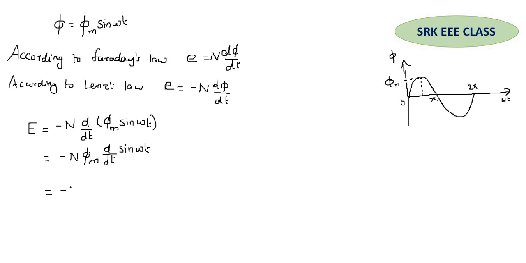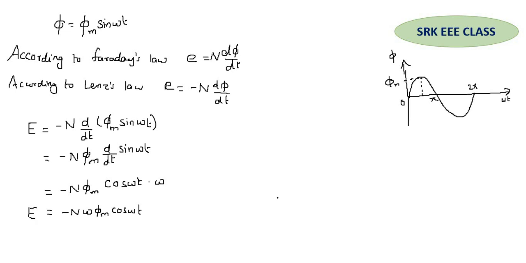The differential of sin omega t is cos omega t into omega. So minus n omega phi m cos omega t. This is nothing but our E.